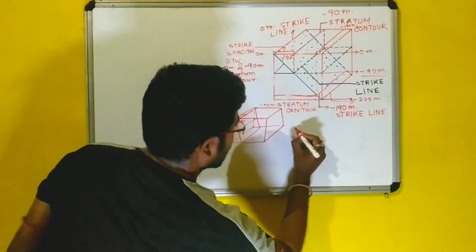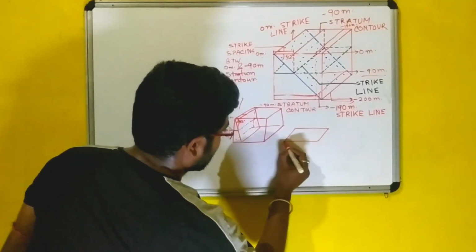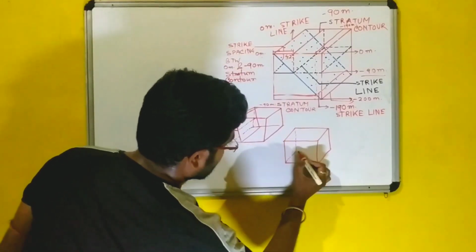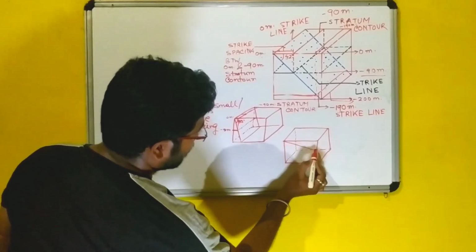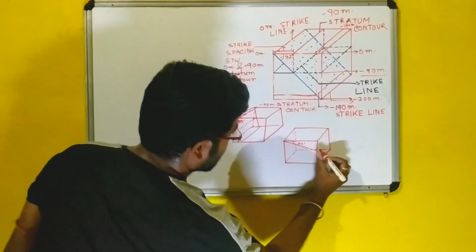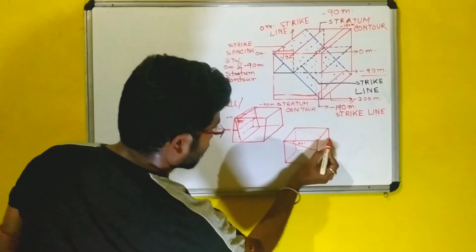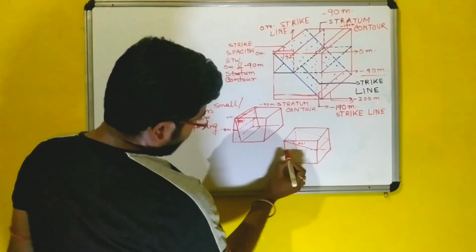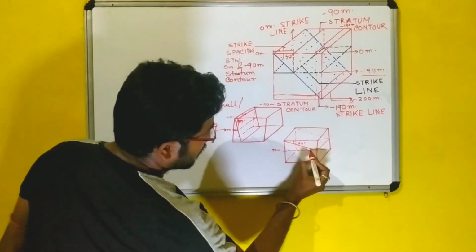Now with another block or another cube, if I draw one plane which is dipping with 20 degree. Suppose this is the plane dipping with 20 degree angle, and again at minus 90 meter I am trying to imagine one horizontal plane.